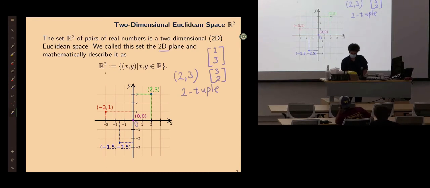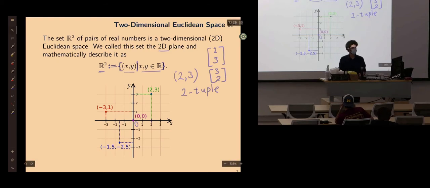Now the set notation, R2, R raised to the power of 2, this is the set of all two tuples, x and y, such that x and y are real numbers. They belong to the set of real numbers. And this notation is for set, okay? And if you remember, this was the definition notation.